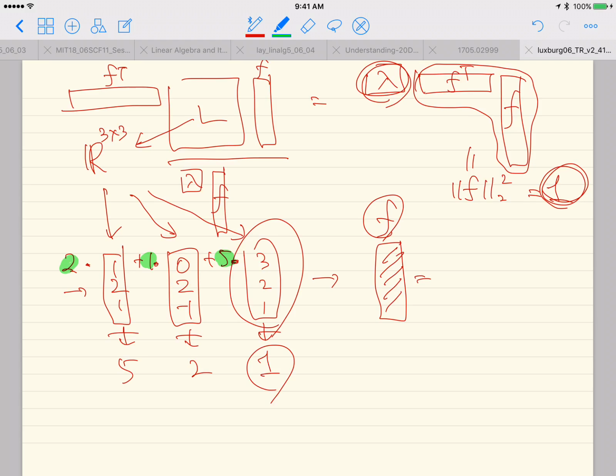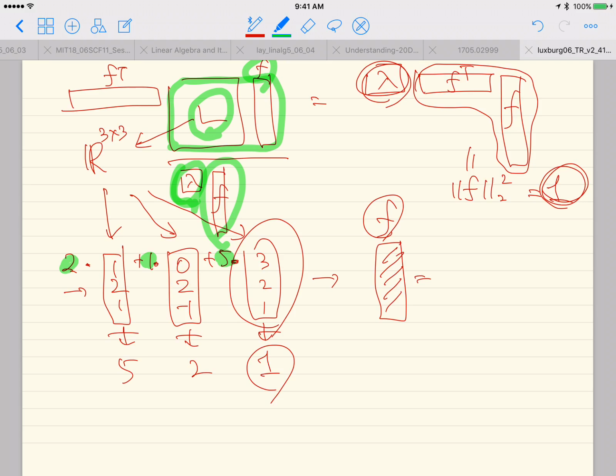And in this case, what would be L times f? L times an eigenvector became some scalar times the same vector, which is your eigenvector.